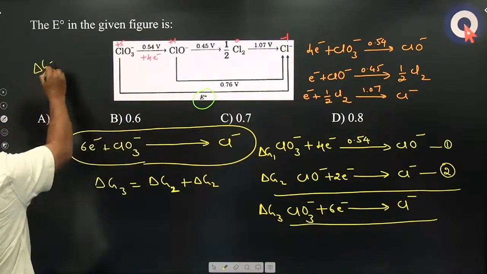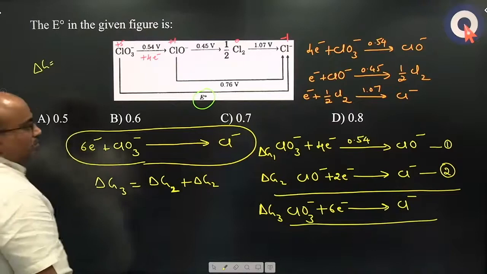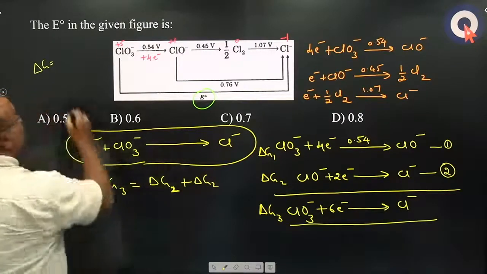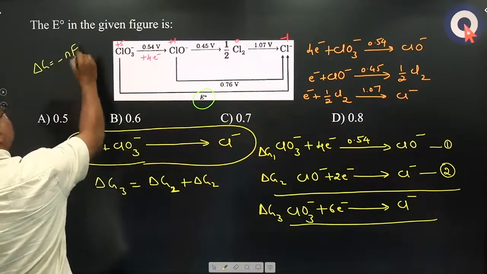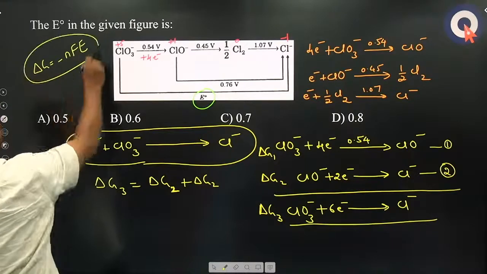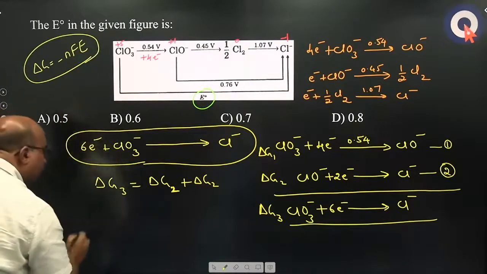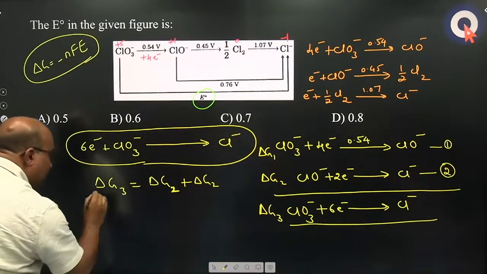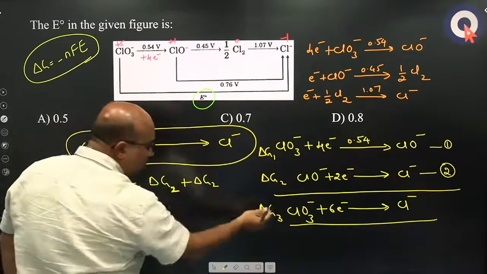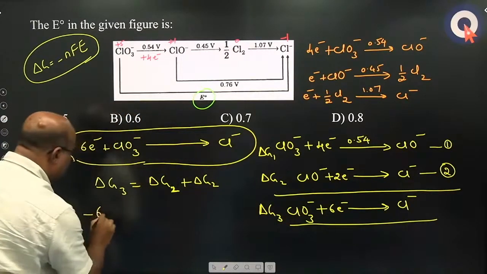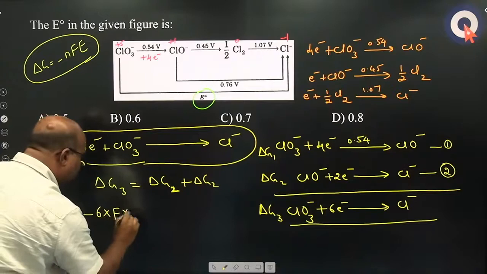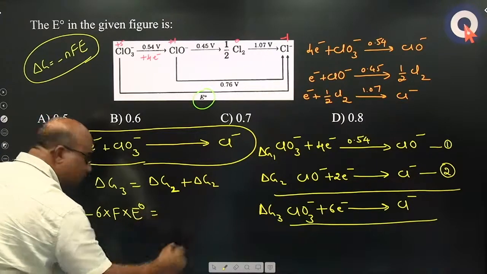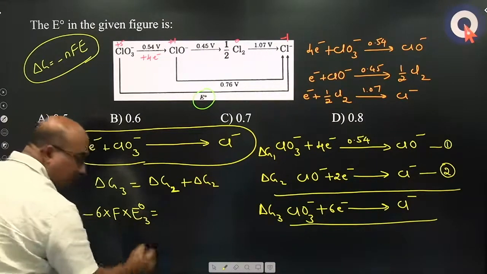So what is delta G3 or delta G? Gibbs free energy for a cell is nothing but minus nFE. So minus the number of electrons for this third reaction, 6 into F into E naught of that, which is what we require, or E naught of 3 you can write.